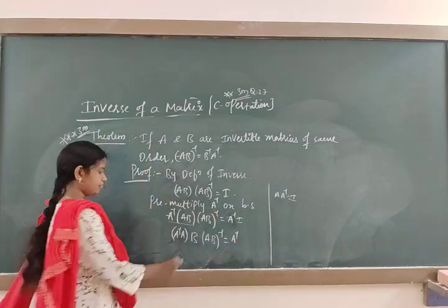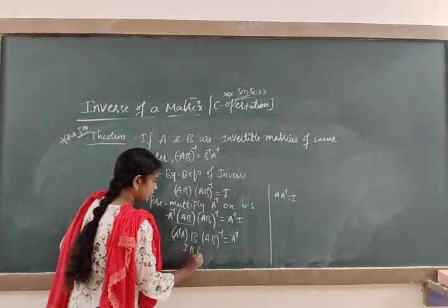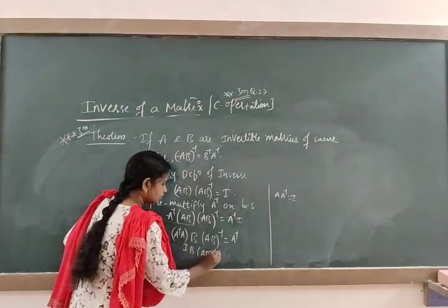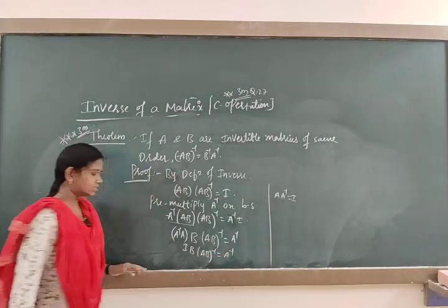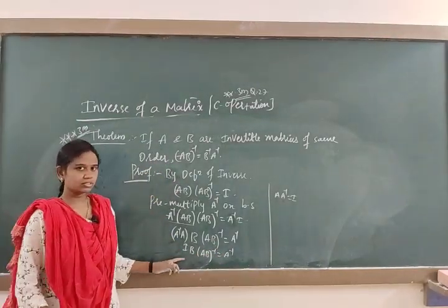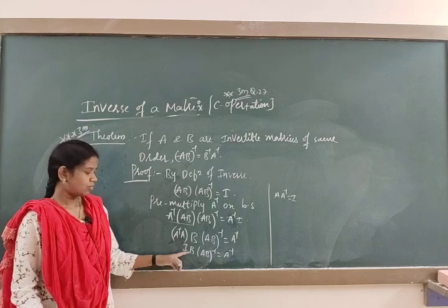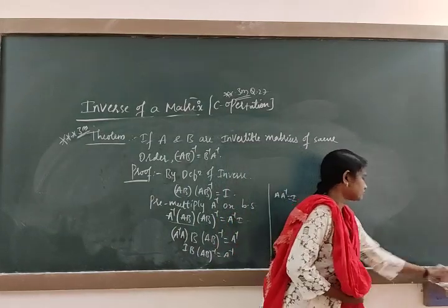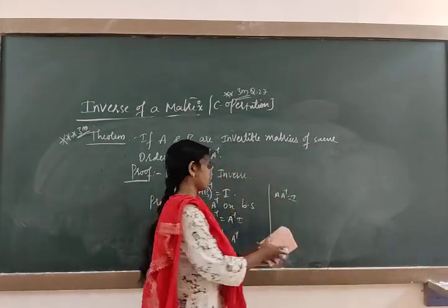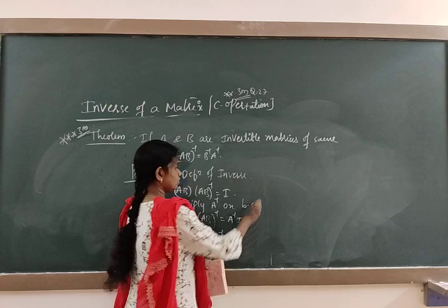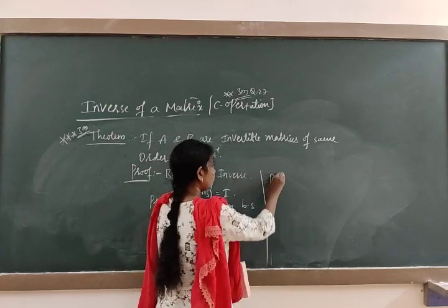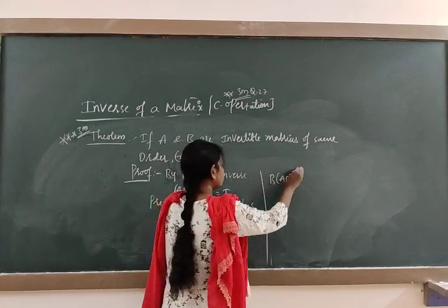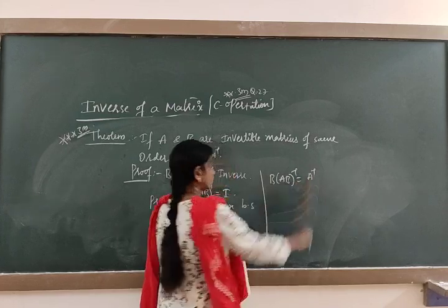It's I, into B, AB whole inverse is equal to A inverse. Whenever it's I, think of it as 1. 1 into B means B. So B of AB whole inverse is equal to A inverse.